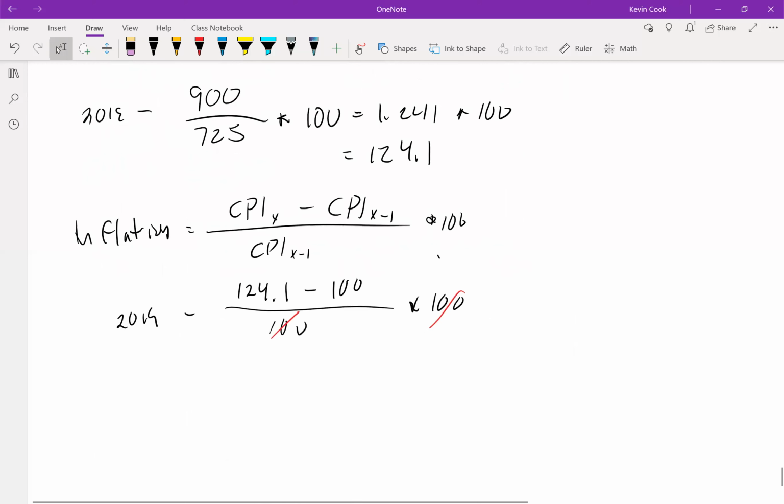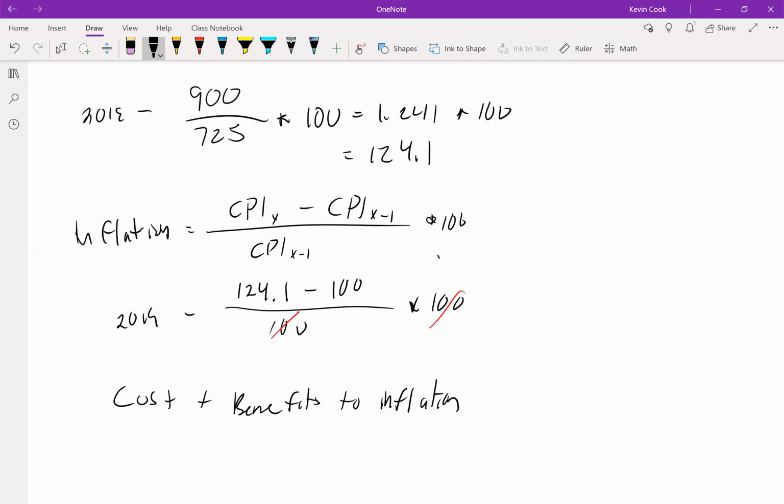And then we're interested in the costs and benefits of inflation. This again was something that was listed.